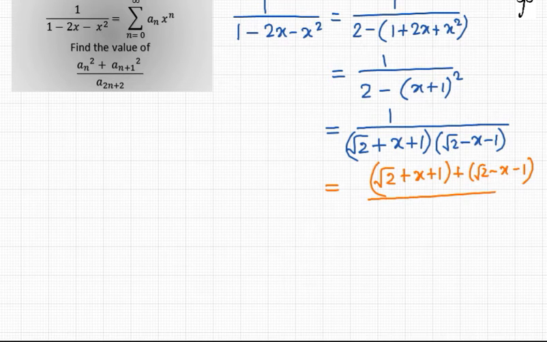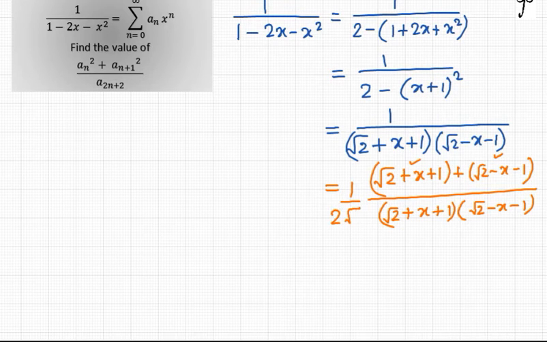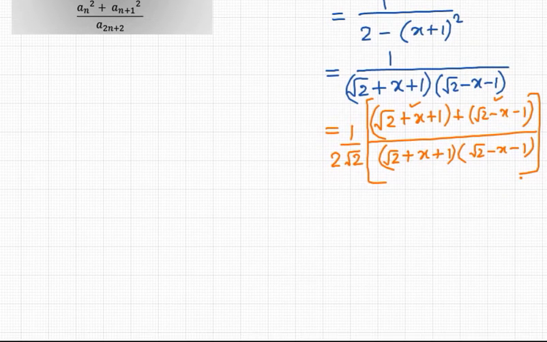So I have written the numerator as the sum of the two factors in the denominator, but we can see that on adding the two factors it results in root 2. So to balance that, we need to divide by 2 root 2, because once we divide by 2 root 2, the numerator will be set to 1.